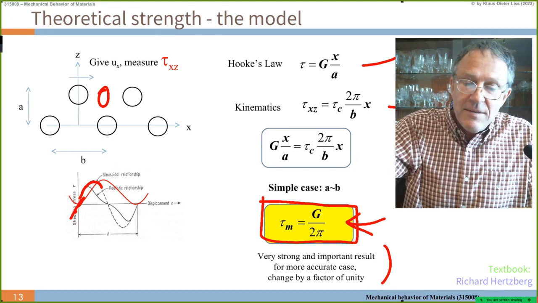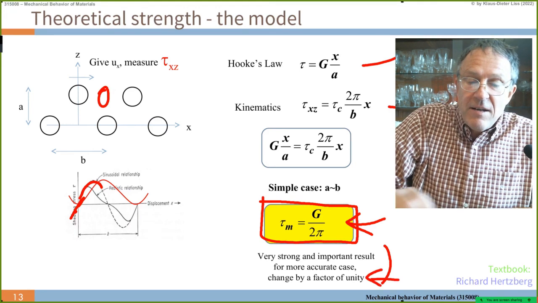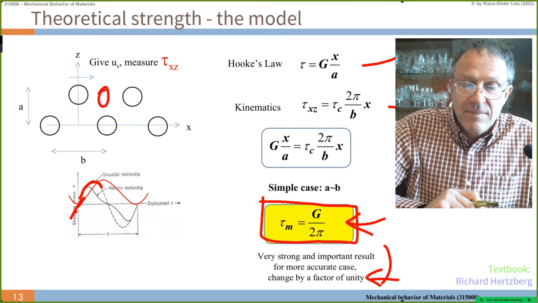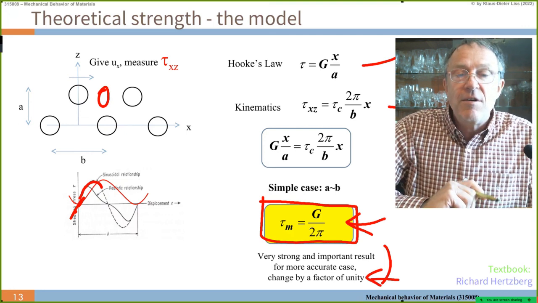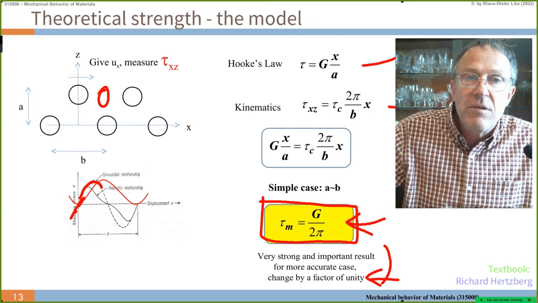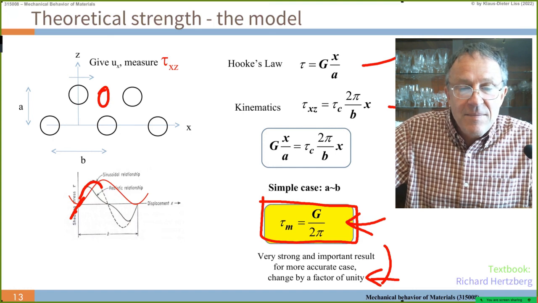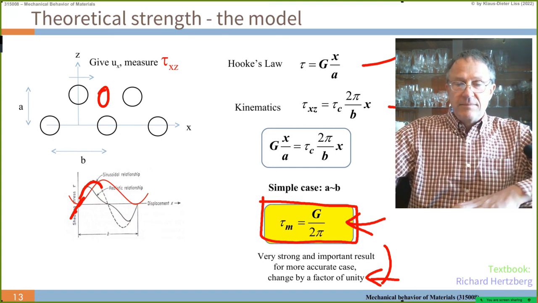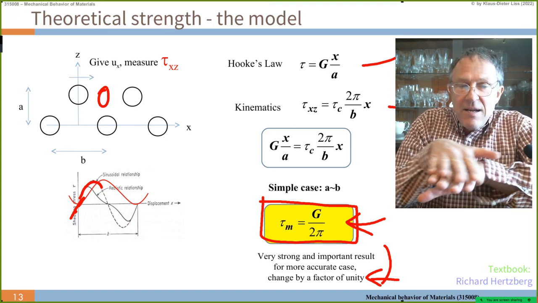But that will not change much of this result. Maybe you get a factor of unity, like a factor of 2 or 3 different. So within the order of magnitude, this yellow equation is a good approximation. That's what we want to have, an approximation of the shear stress for slip of an entire crystal plane when it slips along the ripples of the other plane.